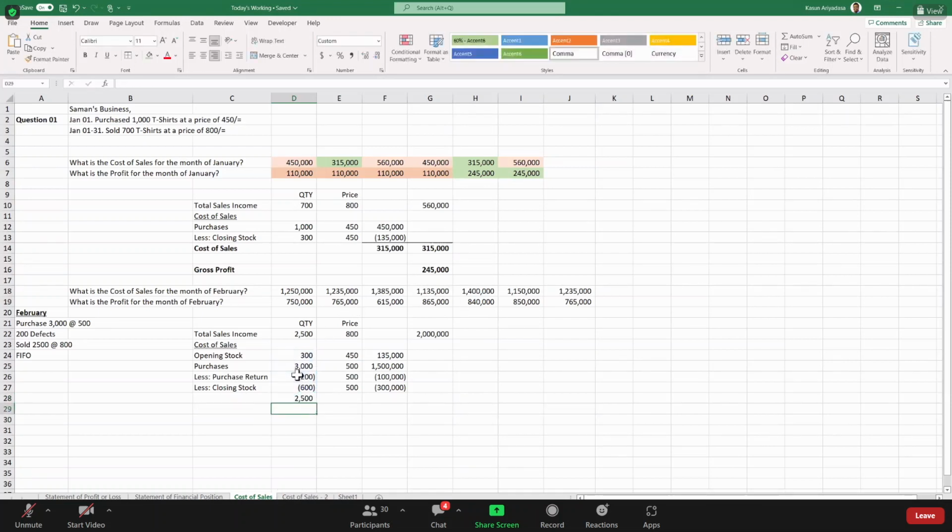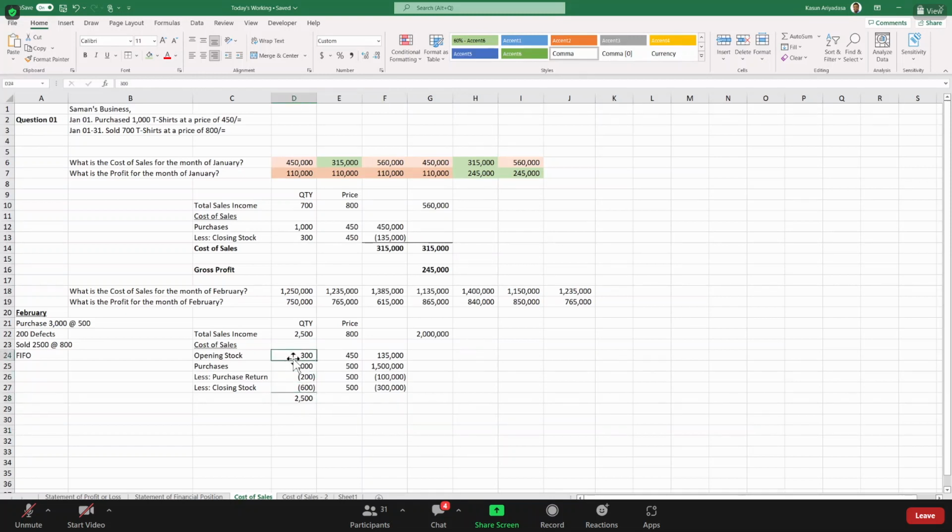For our benefit, it's 2,500. So to generate this sales by selling 2,500 units, this is how we have distributed the cost. 2,500 units.